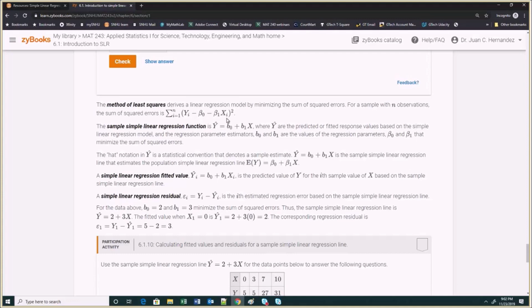So again, this is just the error. Then we're squaring the error, and summing all of these errors for different values, just like you saw in the example above. And so the idea again is to minimize this sum of squared errors.